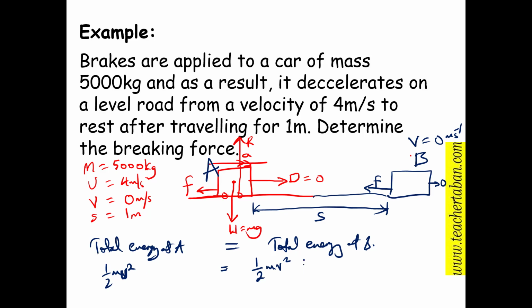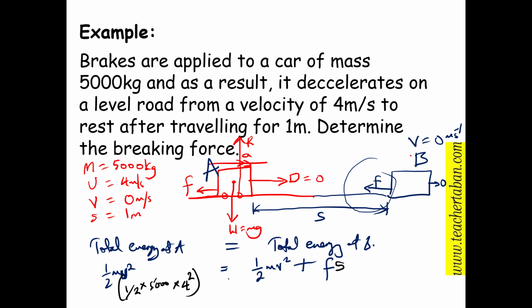And then since this force F has moved through a distance S, we shall also add on the work done against that. The force F has moved through a distance S, so it has done some work. Remember that we said that work and energy are the same, and that's why I have the kinetic energy and also the work done against this resistive force. So substituting the values, I have a half times the mass, which is 5,000, times the initial velocity, which is 4 squared.